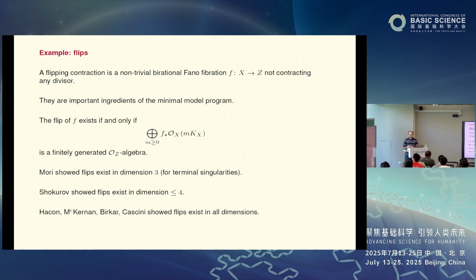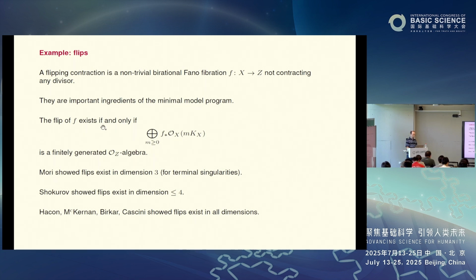But you have to show that when you have these flipping contractions, you can perform an operation. So this is only part of the flip. In order to complete the flip, flips have two sides. You have a negative side and then a positive side. You have to construct the positive side as well.